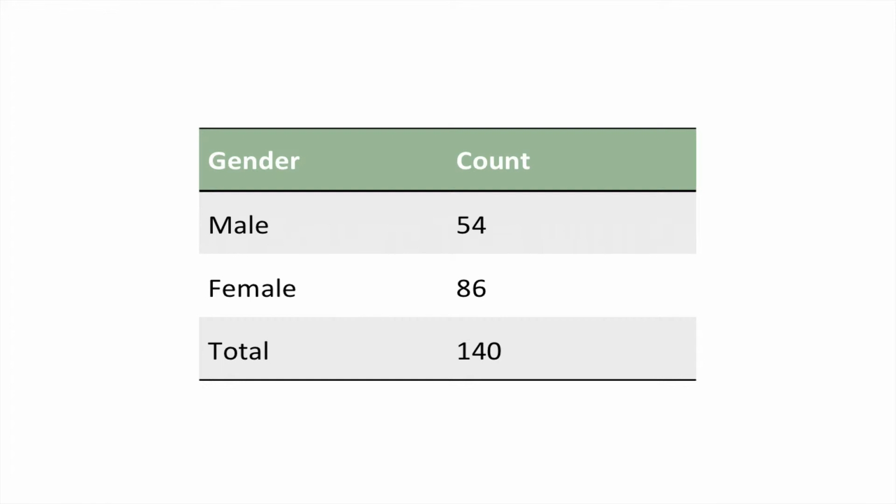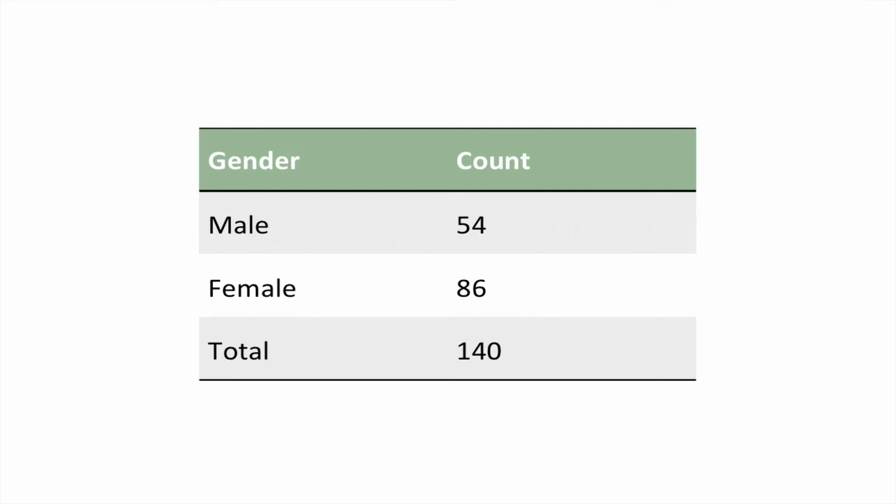If they were equally distributed between the 2 genders, then there'd be exactly half of our participants, so 70 would be male and 70 would be female. The chi-square test looks at how far we are away from that, what the deviations are for each group, and puts that into a statistic and works out the significance of it.